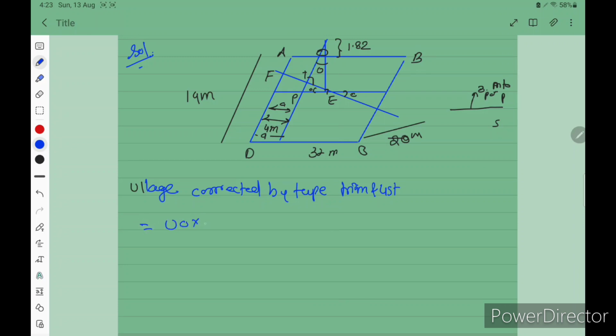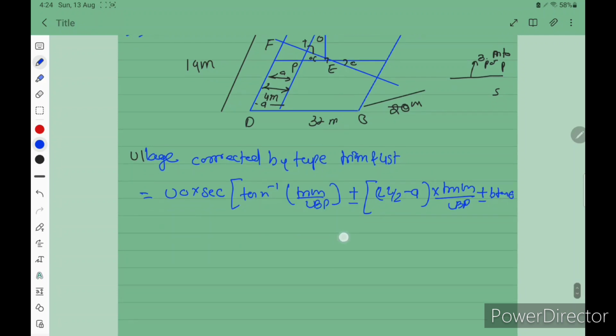The formula is U into sec tan inverse trim by LBP plus minus L by 2 minus A into trim by LBP. This is the trim formula. Now the list formula, plus minus B tan theta.